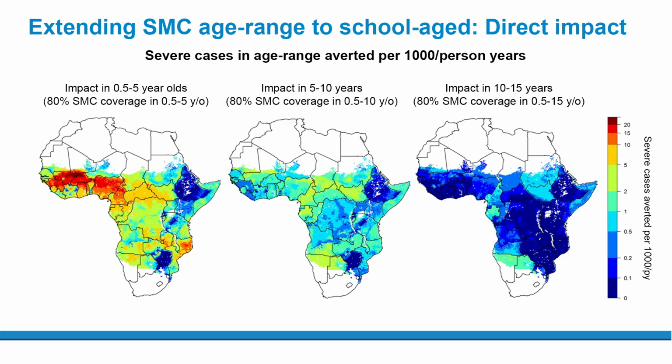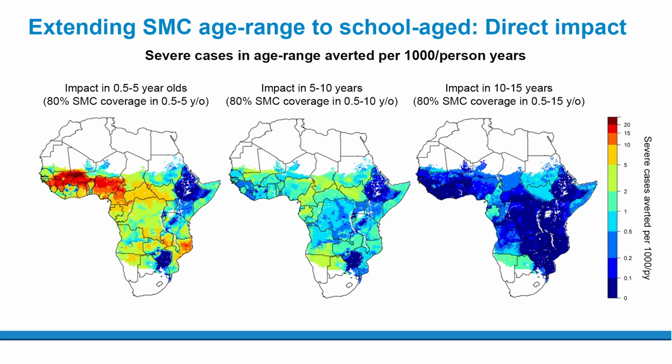In other words, because some older children are more immune in the higher transmission setting, it's really just what proportion of the burden window you are catching with your SMC. And as you move into the older categories, the impact is becoming less, as you'd expect, because these children are now getting immune profiles in the higher transmission places with the highest burden that aren't too far away from what an adult would have.